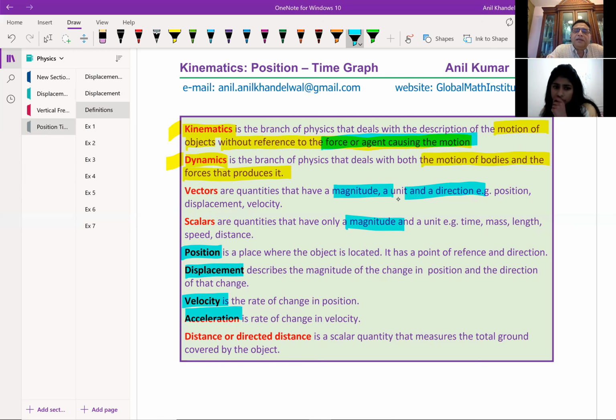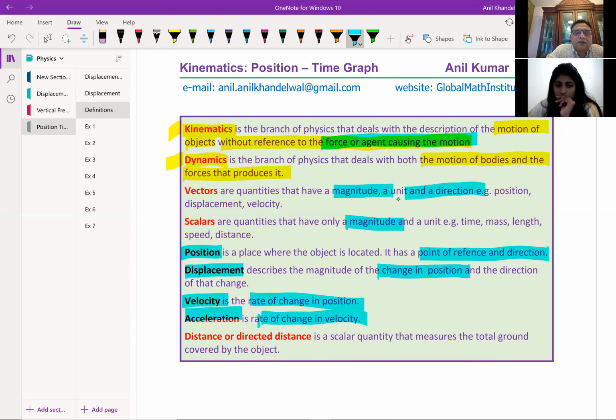So position is a place where the object is located. It has a point of reference and direction. So normally in our graph, that point of reference is going to be the origin. Is it okay? Yeah. Displacement is a vector quantity. So we'll see displacement could be positive or could be negative, but it is basically change in position in short, correct? Velocity is rate of change of position, and acceleration is rate of change of velocity.